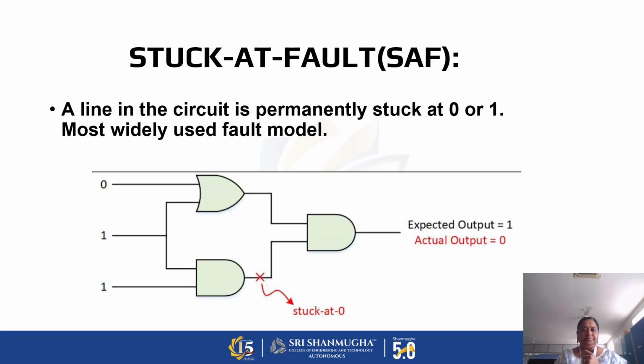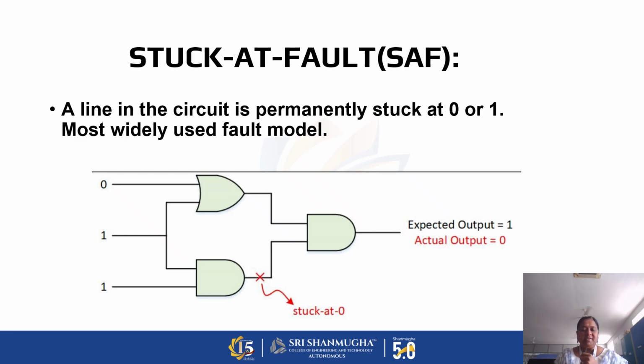Second, stuck-at fault. Look at this diagram. A line in the circuit is permanently stuck either at 0 or at 1. This is the most widely used fault model. So look at this. There are two inputs, 0 and 1, and here also we have 1, 1. So what is the expected output? The expected output of this gate is 1.